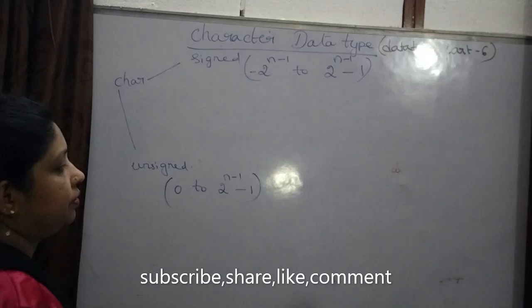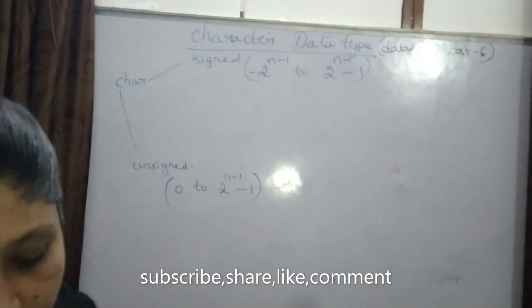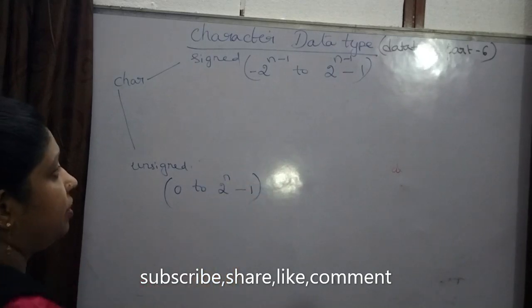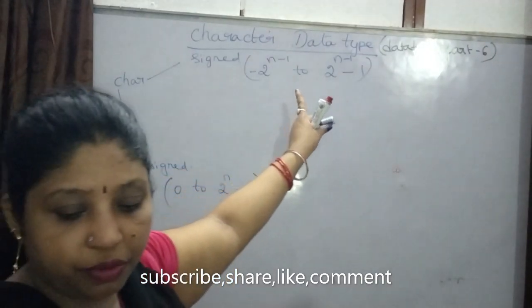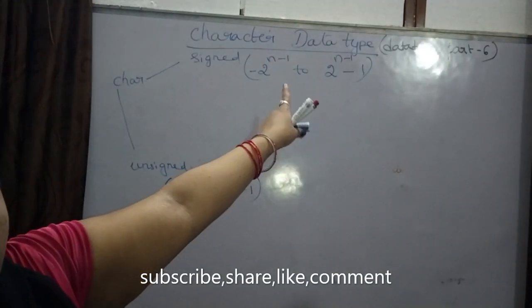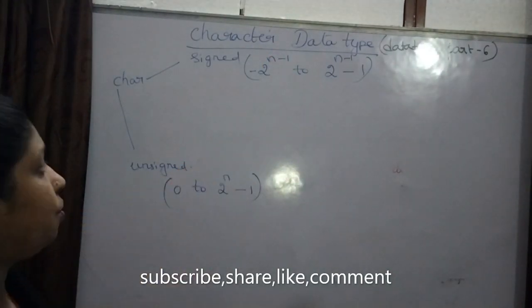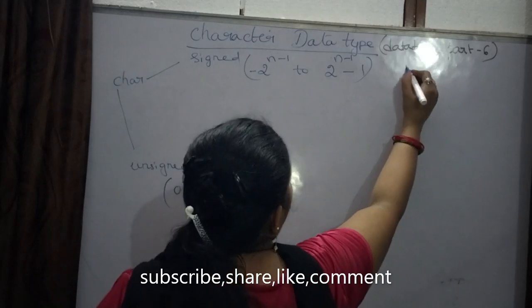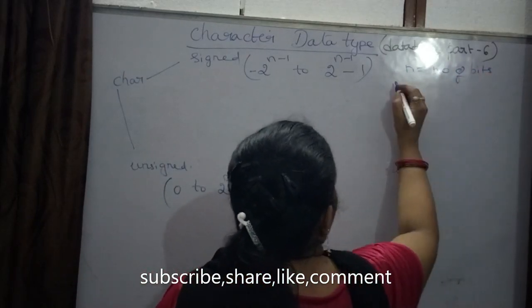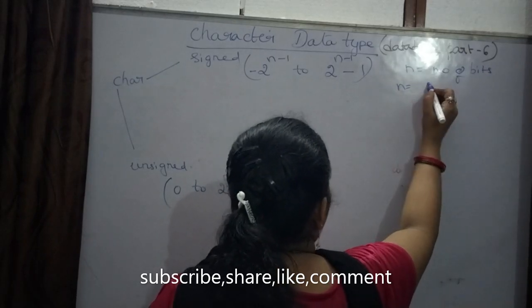Actually, for signed it is minus 2 to the power of n minus 1 to 2 to the power of n minus 1, minus 1. Now, what is n here for char? n is the number of bits. Here n is equal to 8 bits.